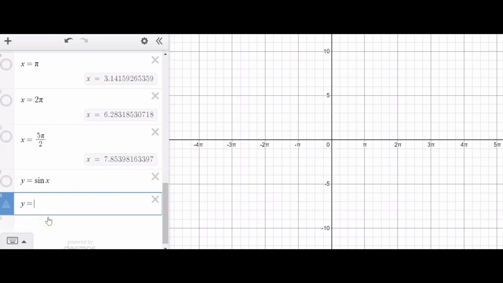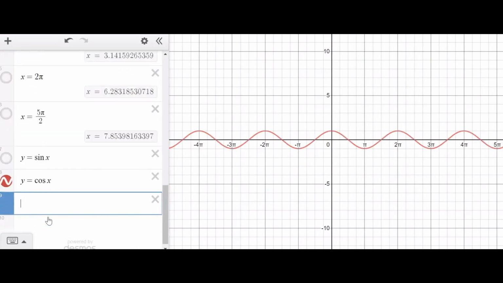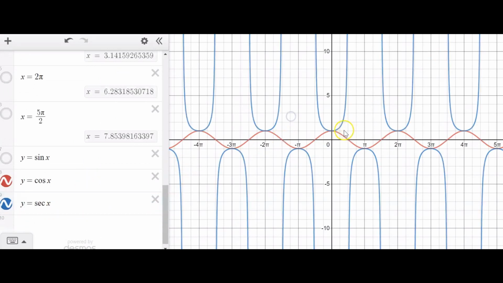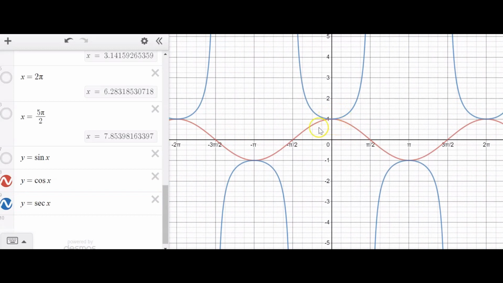So I put in y equals cosine of x and y equals secant of x. You can see that it's happening in different places. But wherever cosine reaches 1, that's where secant equals 1. And wherever cosine hits -1, that's where secant hits -1. Okay?